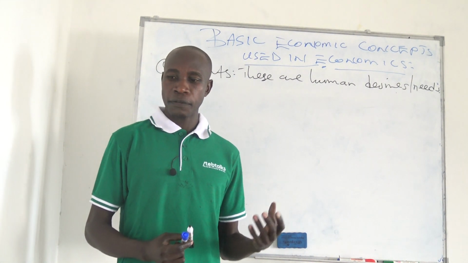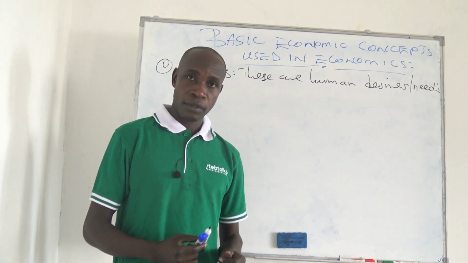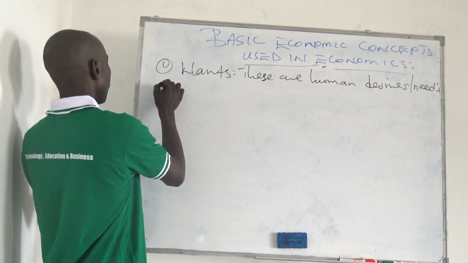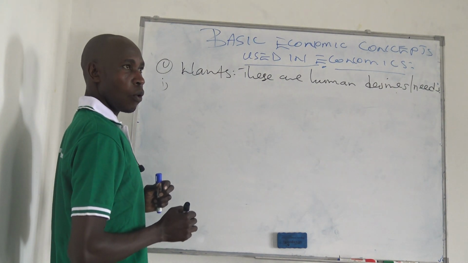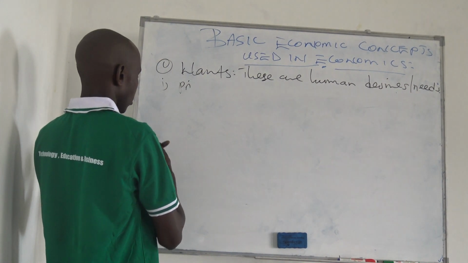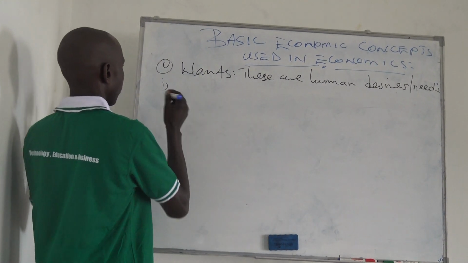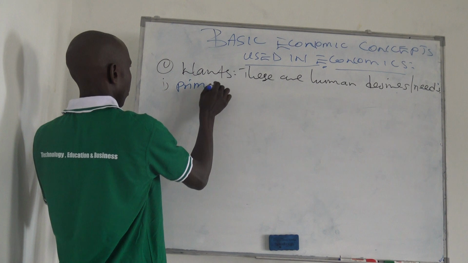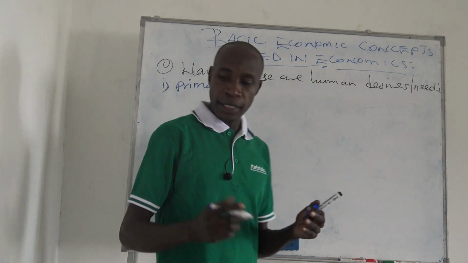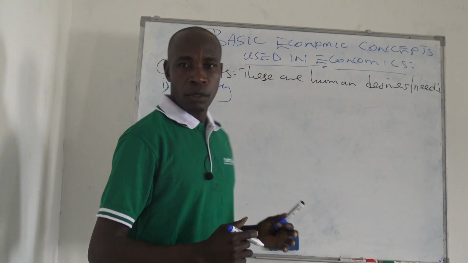These wants are also classified in terms of 5 categories or types, out of which we have Roman 1, what we call primary ones, or what?